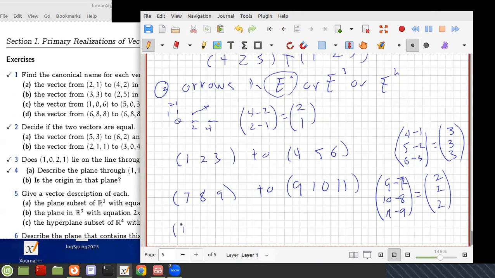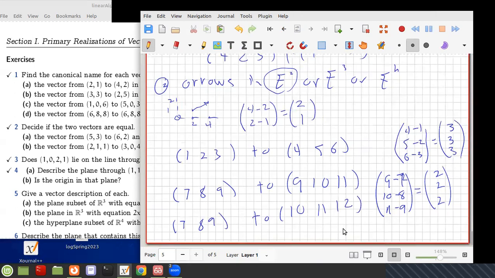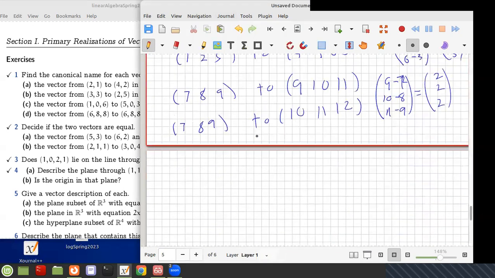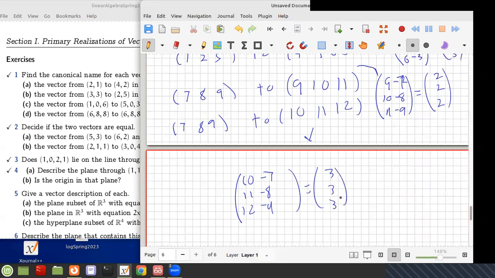But if I did the vector from (7, 8, 9) to (10, 11, 12), then the canonical name of this vector would be 10 minus 7, 11 minus 8, 12 minus 9, keeping the components that way. And this would be (3, 3, 3), right?